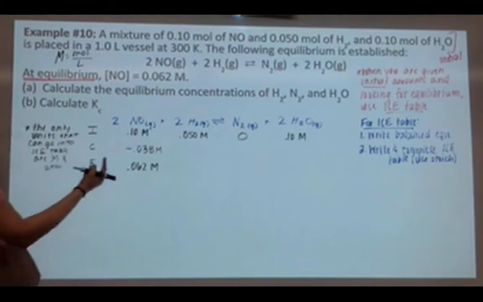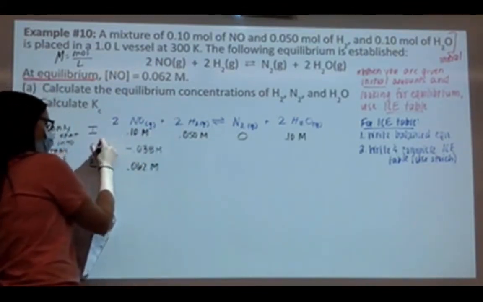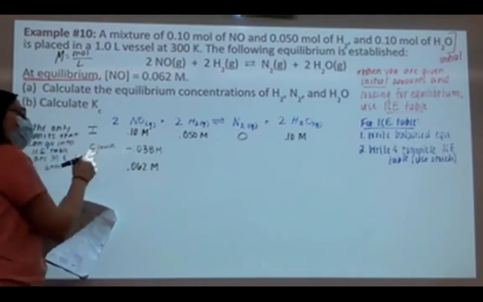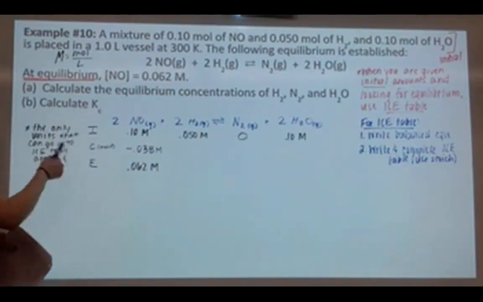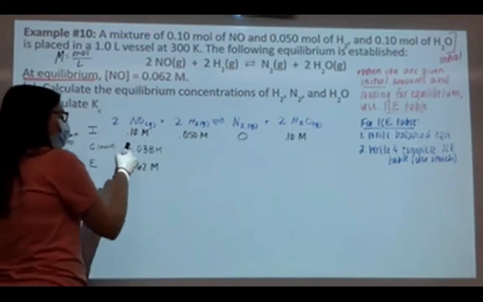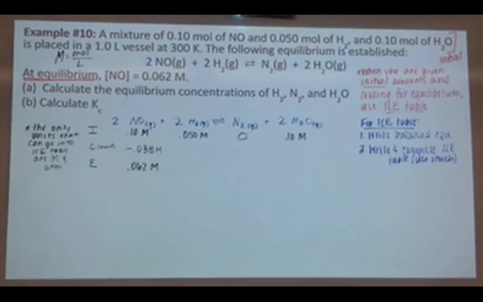NO and H2 have the same coefficients. So after change here, for this example, I'm going to put stoich in parentheses. Normally when you make an ICE table, you're just going to do ICE and fill it in. I'm just giving us this reminder that the change row is actually based on the stoichiometry. Now the plus and the minus are dependent on the side that it's on.